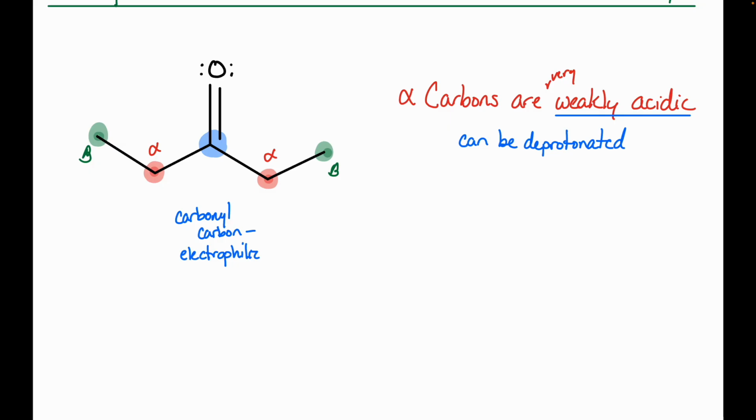But under certain conditions, we have our alpha carbon that can play the role of a nucleophile. All right, so that's what's going to make our aldehydes and ketones a very interesting functional group. A functional group that we've split over multiple chapters here. Because in the first instance, we were talking about that electrophilic site, and now we're talking about this alpha carbon, this new nucleophilic site. And it's a nucleophile because it's weakly acidic. We can deprotonate it, giving it that negative charge.